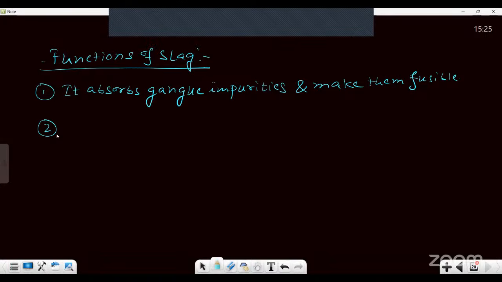And if you think deeply, the slag is also protecting the surface of the vessel where my reaction is taking place, because it is preventing the surface from getting corroded.